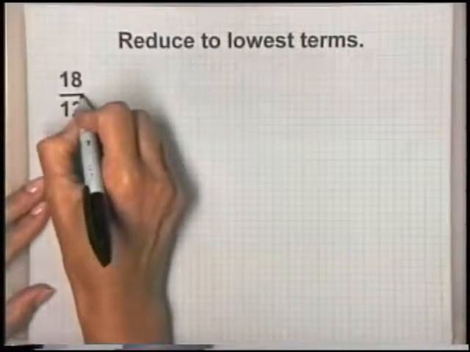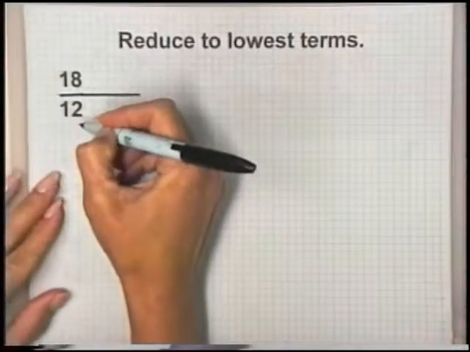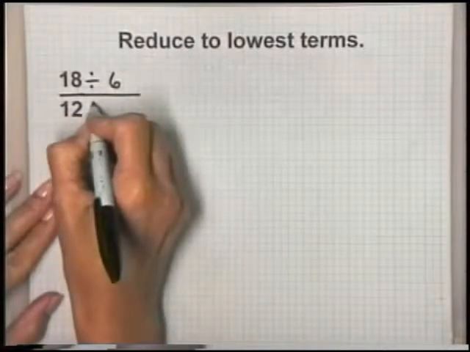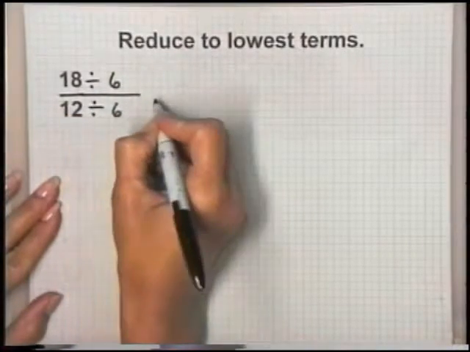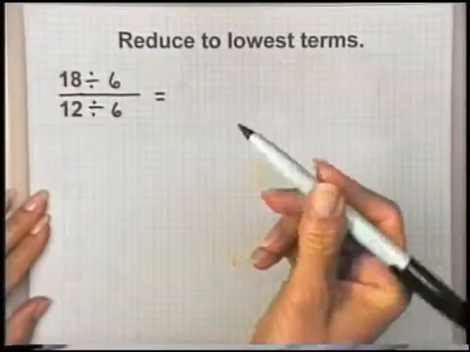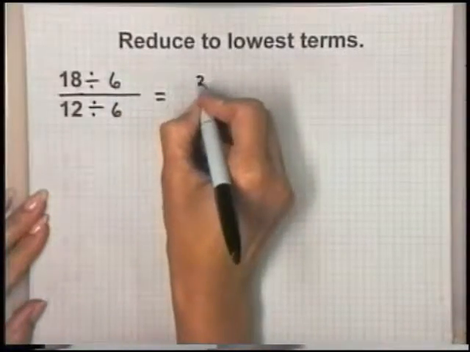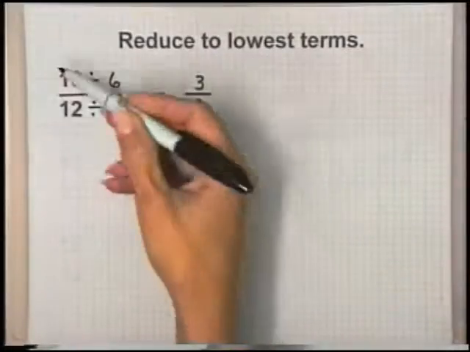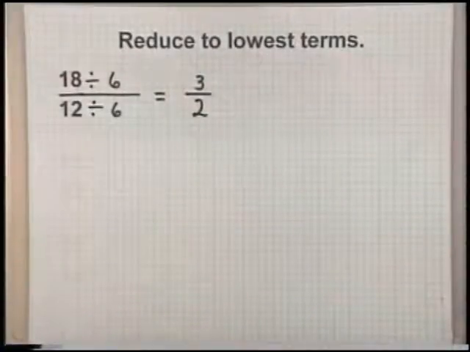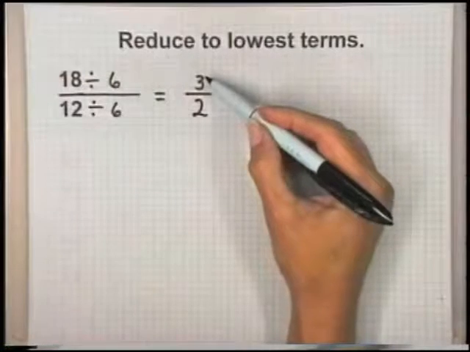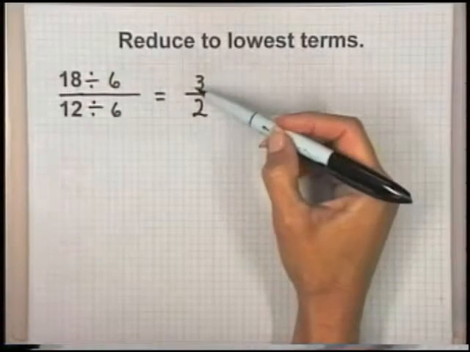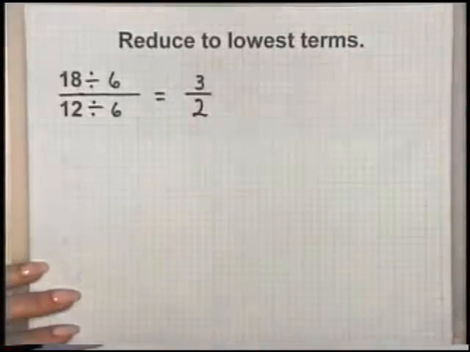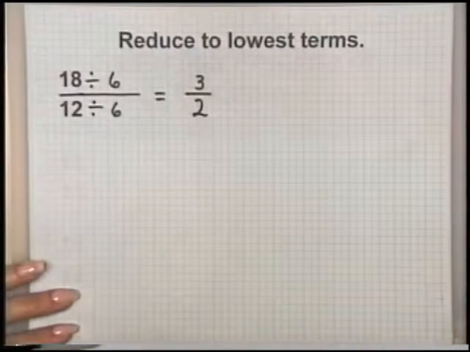We could think that 18 and 12 have a common factor of 6, and we may divide the numerator by 6 and the denominator by 6. 18 divided by 6 is 3, and 12 divided by 6 is 2. 18/12 reduces to 3/2, and the only common factor for this numerator and denominator would be 1, so it's reduced to lowest terms.